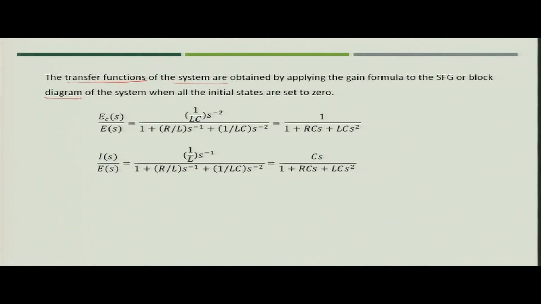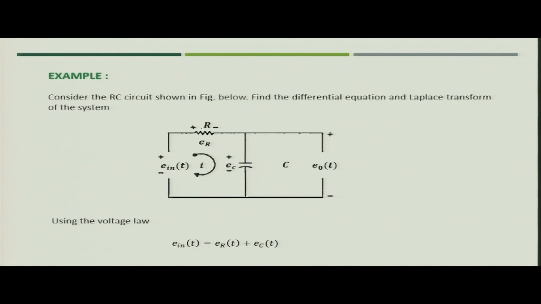Now, let us take quickly an example: if you have the RC circuit in the figure, we need to find the differential equation and then the Laplace transform of the system. Basically we need to find the transfer function of the system finally.